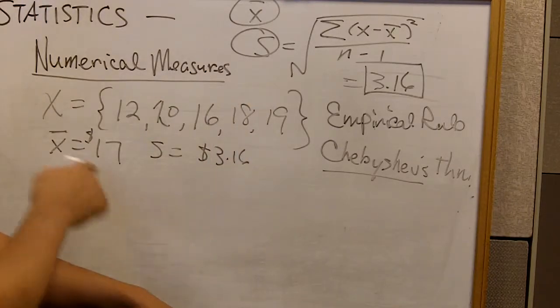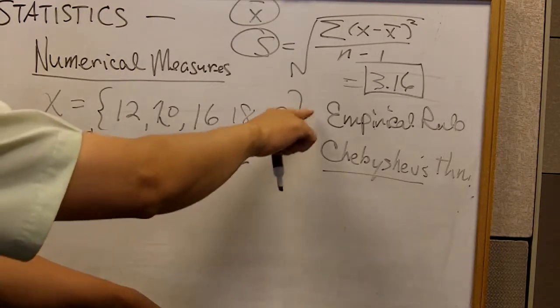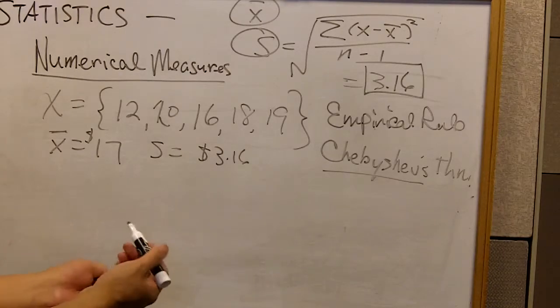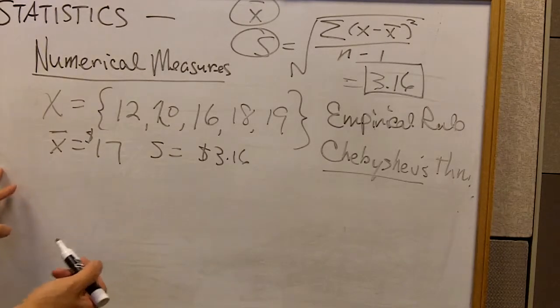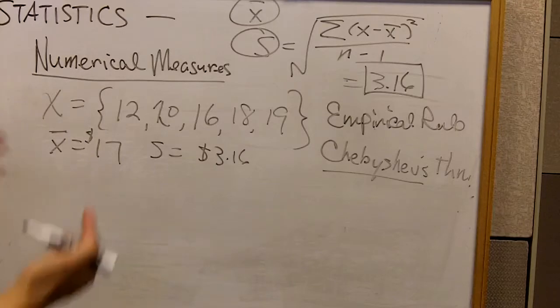But we use both the X bar and the standard deviation when we apply these two rules to set up what we call boundaries, so that we can tell if, say, someone is having a too high or too low of an hourly wage compared to the norm. So there's such thing as the norm, but the norm is not a value but a range.